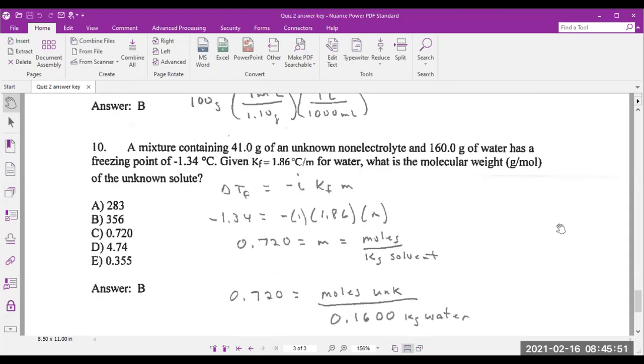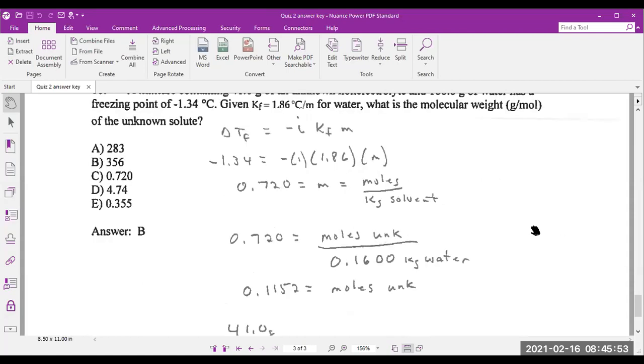The other comment I'll make about this one is, if you think of molecular weights of compounds, which is what this was asked for, and we look at the choices that we had, 283, 356, 0.720, 4.74, 0.355. If you think about it a little bit, the 0.720 and the 0.355, we probably could rule those out.